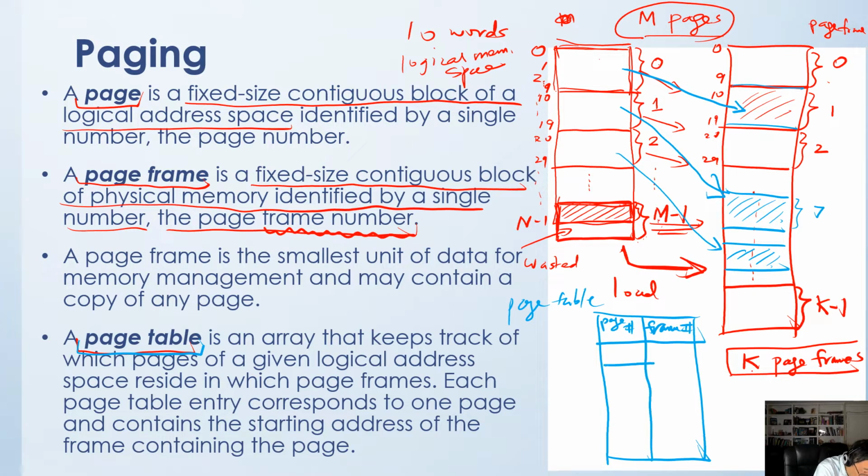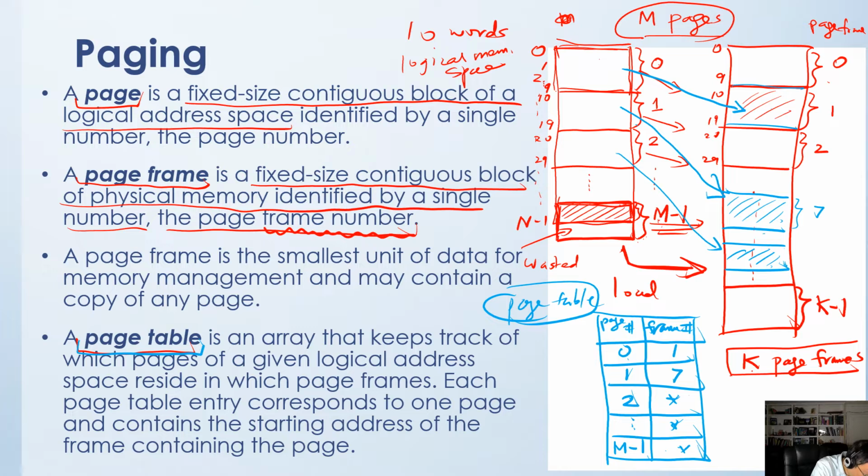Page 0 maps, in this case, to frame number 1, page 1 maps to frame number 7, page 2 maps to whatever frame. For each page from 0, 1, 2, 3 all the way to the last page, page n minus 1, it maps to whatever frame we can find in the physical memory space. That's the page table.